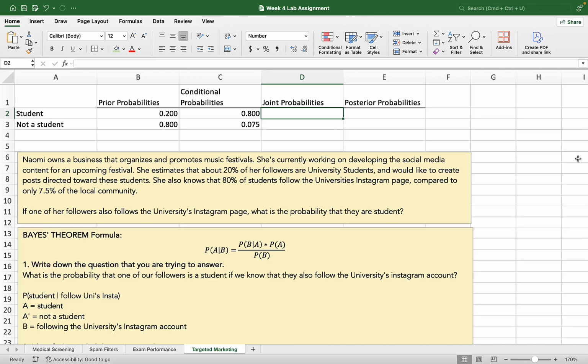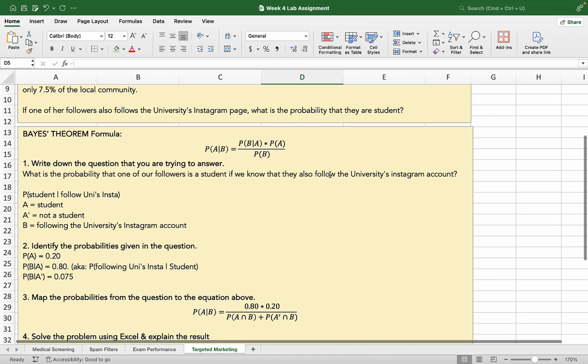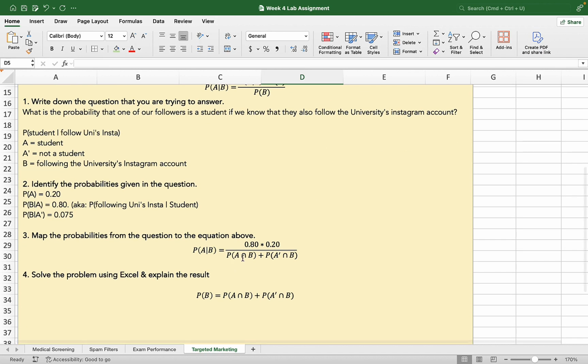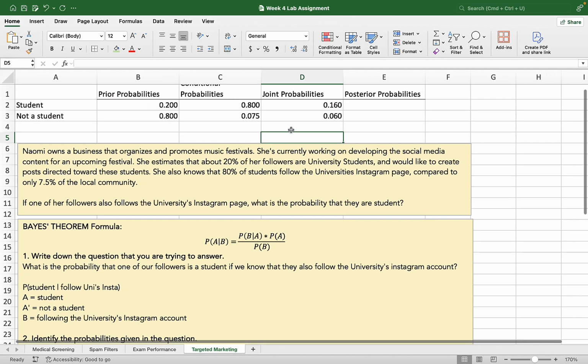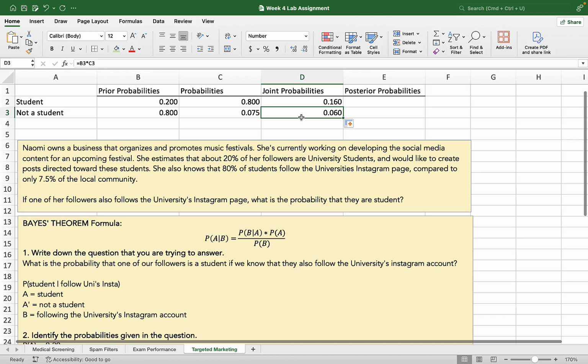And so our joint probability is equal to our prior probability multiplied by that new conditional probability, that updated information. And we can see that down here. These are the joint probabilities: the joint probability of somebody being a student and following the university's Instagram, plus the probability of someone being a community member and following the university's Instagram. That is these two pieces here.